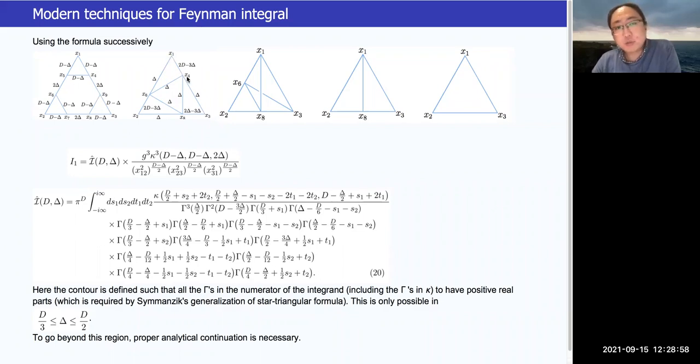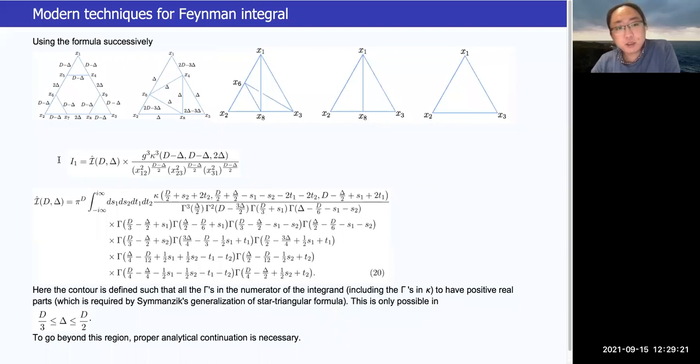Now you would have to deal with 4 legs, and therefore you have to use the generalized star triangle formula. You can remove this leg, which gives you 2 integration variables. And now you remove this leg, you have another 2 integration variables. And this one does not create any further integrations.